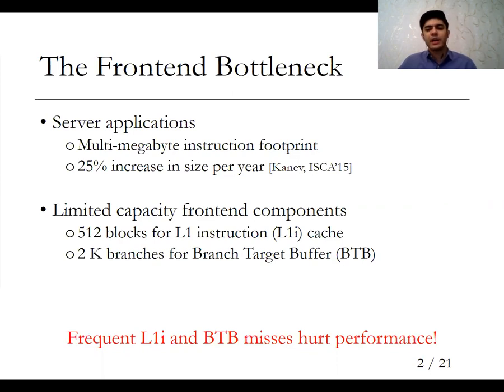For example, the L1 instruction cache holds 512 instruction blocks, and the branch target buffer accommodates 2000 branch entries. Consequently, these components cannot capture the required entries and frequent L1 instruction cache and BTB misses hurt performance.